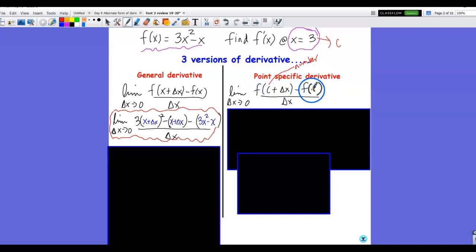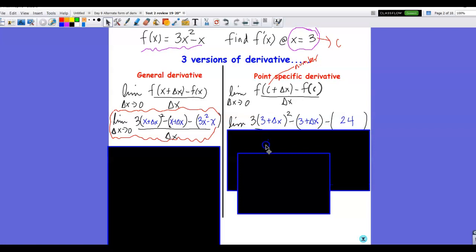Y number 1 is the function value at c, in this case the function value at 3. It looks very similar to the general derivative, but this is going to calculate the specific derivative at x equal to 3 on 3x squared minus x, whereas the general derivative creates that slope generator, the formula that creates slope for me.